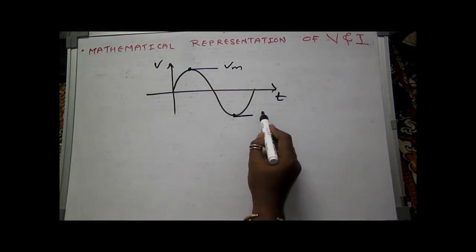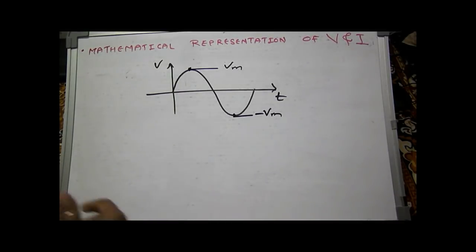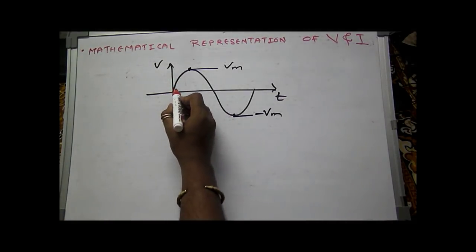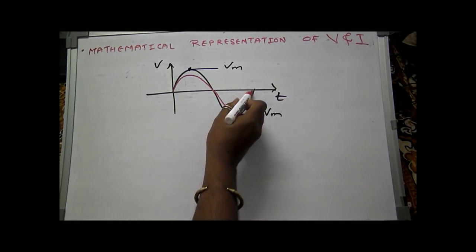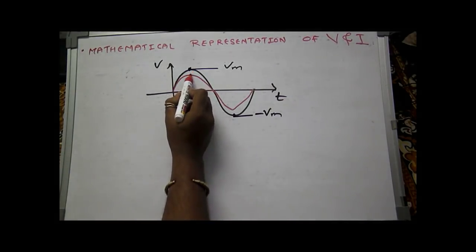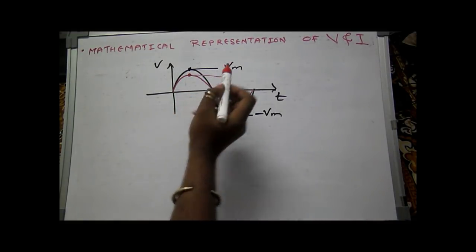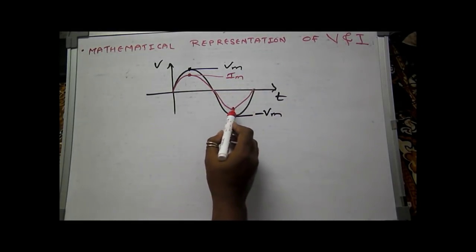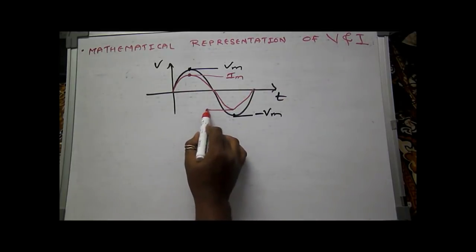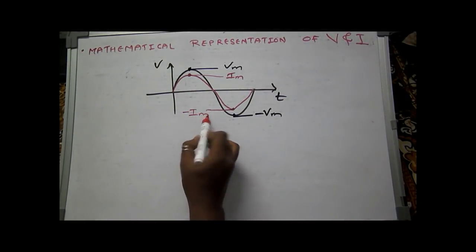This is maximum negative voltage. In terms of current, if the waveform of current is like this, then this point over here is maximum positive current, which is represented as Im. This point is maximum negative current, which is minus Im.